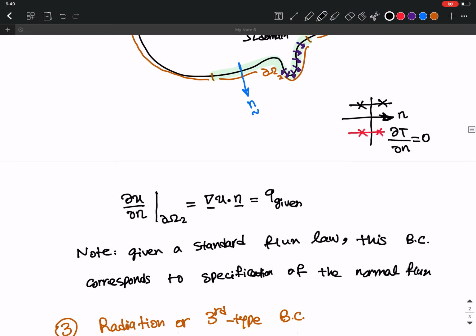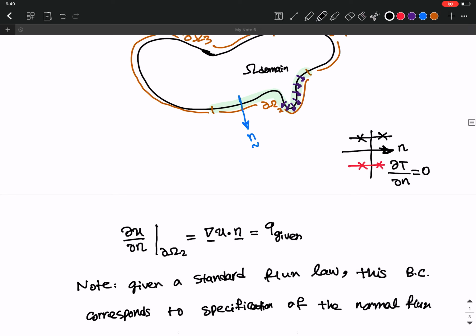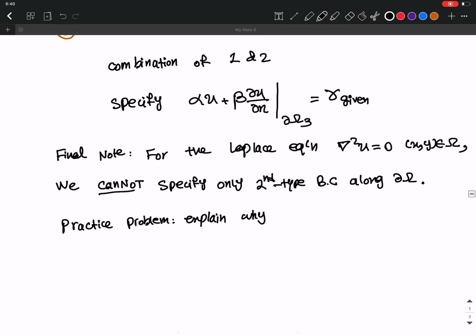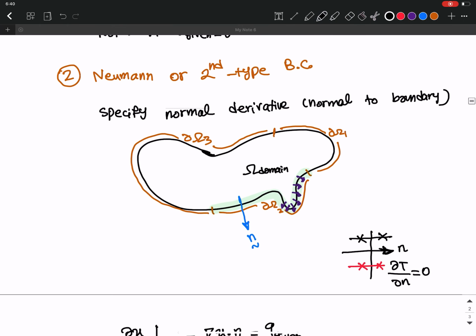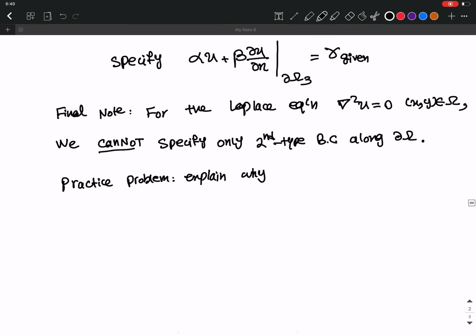It is because of the type of the equation that you can have multiple solutions, right, if you just specify the Neumann boundary condition for a Laplace equation. We want to have a unique solution, and that can be why this is not the case. Okay, so as a practice problem, explain why.